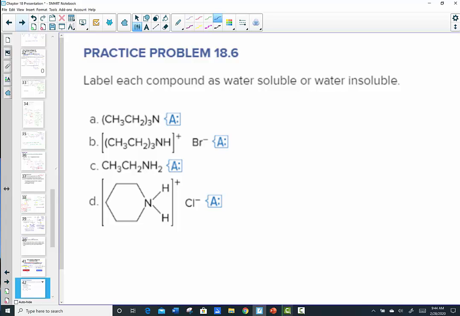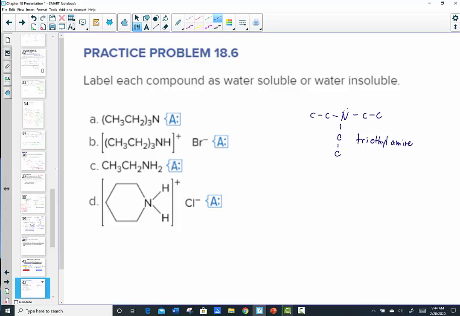Label each compound as water soluble or water insoluble. How about letter A? Well, letter A has a nitrogen attached to 2 carbons in 3 directions. Right? So this would be triethylamine.